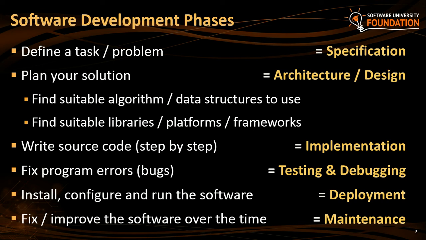And when we run the program, we can test it. For example, we can find that with the numbers from 1 to 10, it works correctly. But we try 100 millions 10 times, and we can get into an overflow problem because the integer numbers are limited in their capacity to store big values.